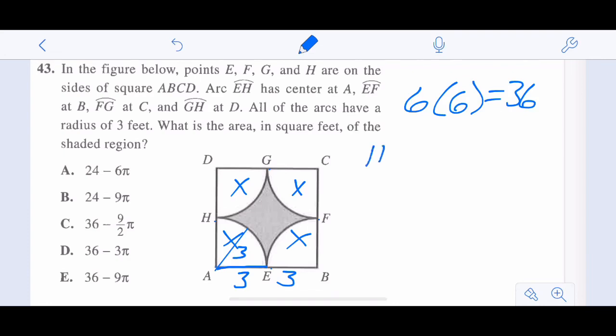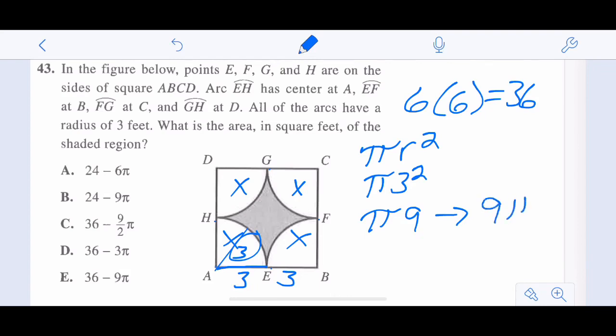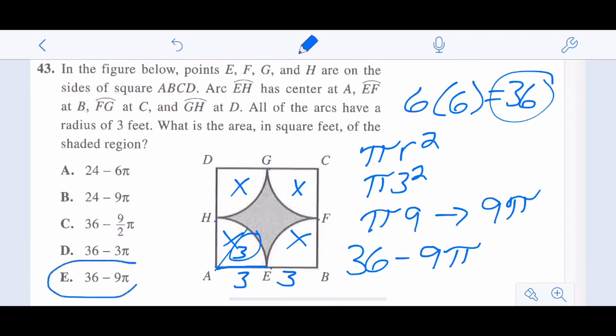The formula for the area of a circle is pi r squared, and we know this is pi times 3 squared, or 9 pi. So to get the area of the shaded region, we take the entire area, 36, minus the circle, 9 pi, which gives us our answer as E.